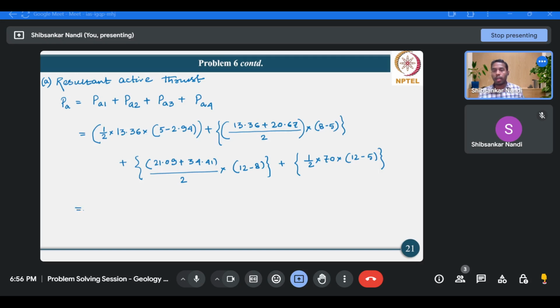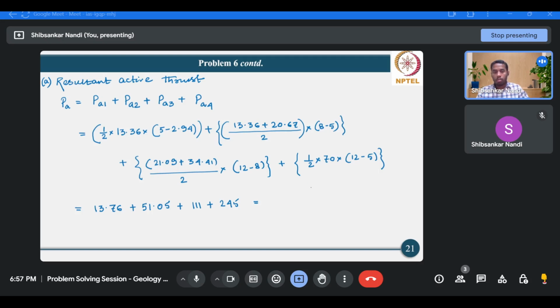Okay, now if we calculate, this is 13.76, the second component is 51.05, the third component is 111, and the fourth component is 50.